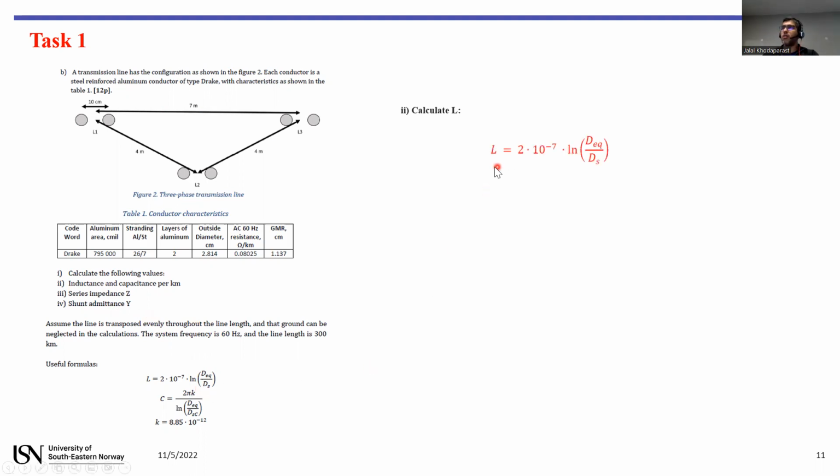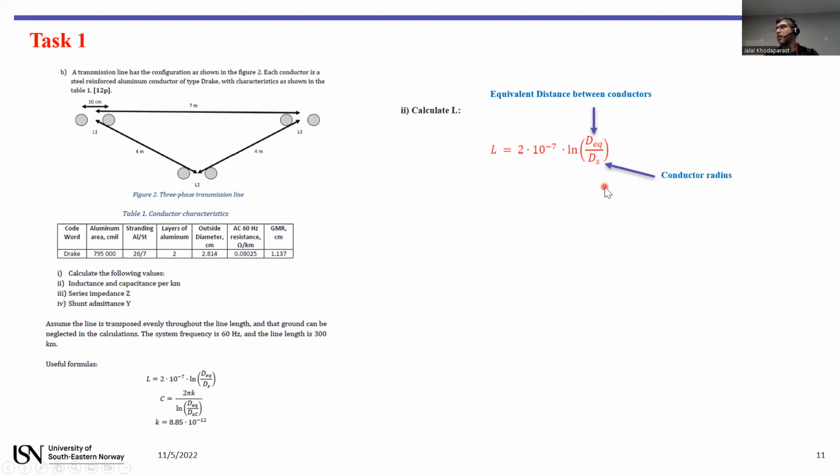And you know how we calculate the inductance of a transmission line. You have this formula, the natural log, and the numerator is the equivalent distance, because it's a 3-phase transmission line, and the denominator is Ds.